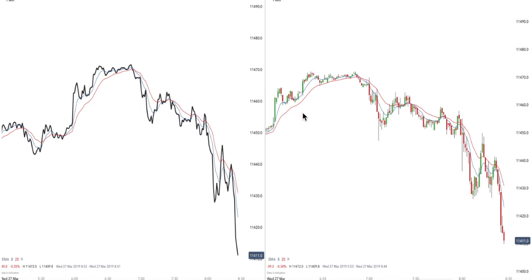And I use both sets of information, the information from the line chart and the information from the candlesticks, to make my trading decisions. I have identical charts generally set side by side. They're nearly identical anyway. You can see the time frame is slightly longer on the line chart than on the candlestick chart.